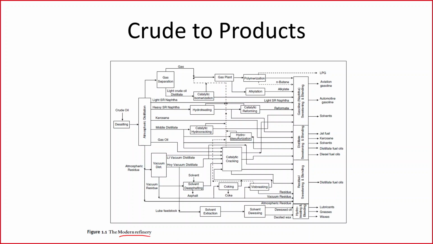So in this modern refinery, we have crude oil, and that crude oil goes through a series of heat exchangers, and then we remove the salt. It's called desalting.